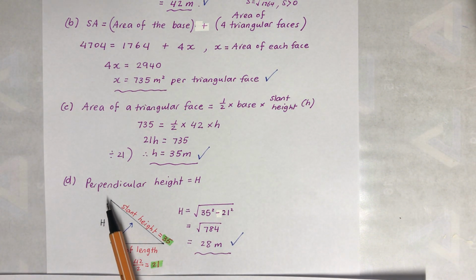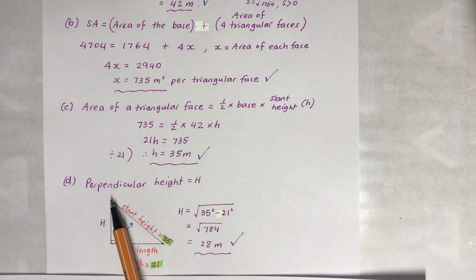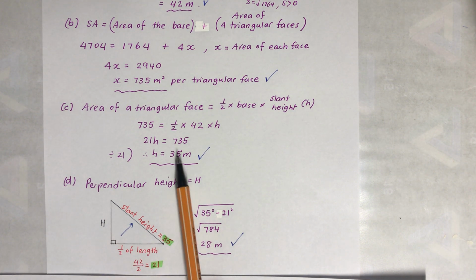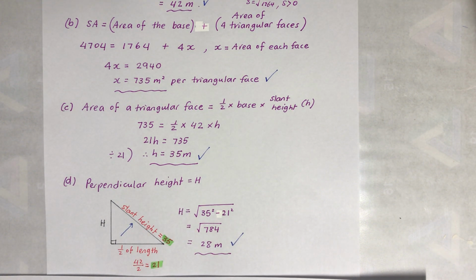Imagine this is the perpendicular height that goes straight down from the apex to the base, and that's half of the length, which is half of 42, which is 21, and the slant height, which we got from the previous part, was 35. To find the perpendicular height, capital H here, we're going to use Pythagoras. This time, this is one of the shorter sides, so you need to take it away, not add it. So the answer should be 28 meters.